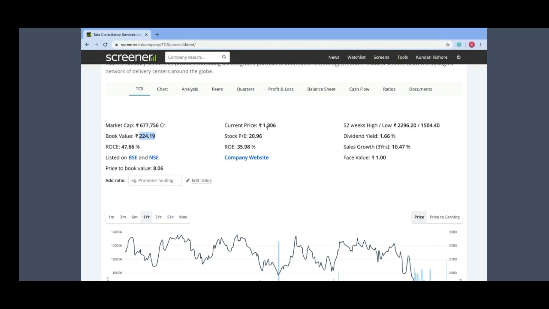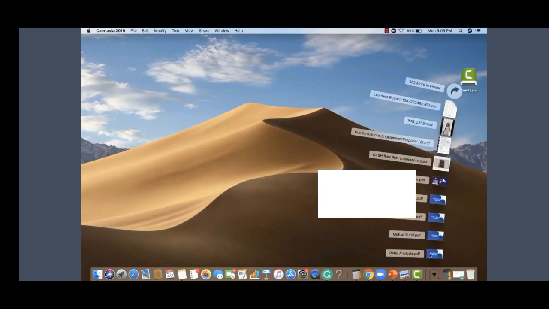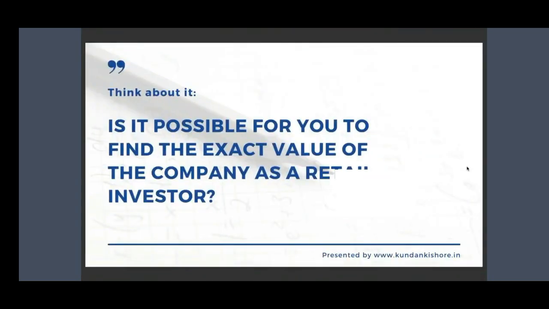Whether 1806 rupees is the right price at which you should buy, or it should be 1500 rupees, or it is 2100 rupees and it is certainly an undervalued stock, and that's why you should buy. But to arrive at any number, you have to do a certain calculation, and that calculation is nothing but finding the intrinsic valuation of a company, right? Doing the intrinsic valuation of the company.